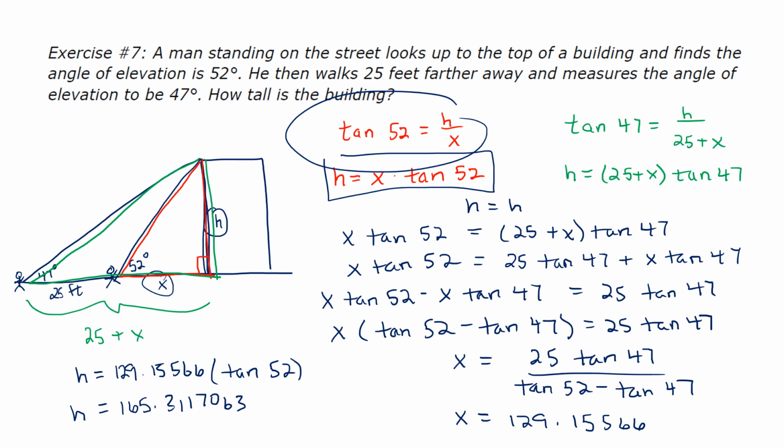Since my values in my problem are rounded to two significant figures, and my value here has a whole number and a decimal part, I'm going to keep the whole number part. And so the height of my building is 165 feet.